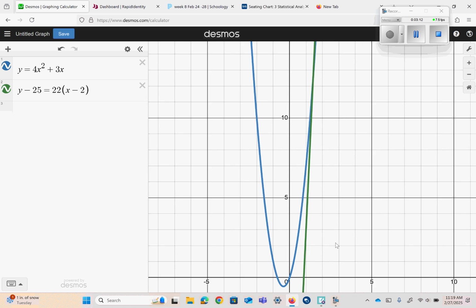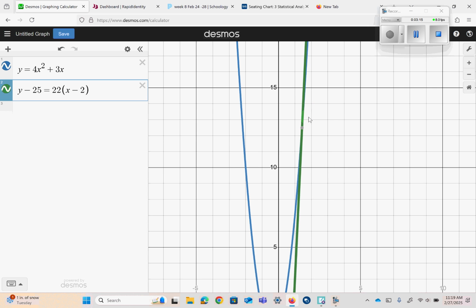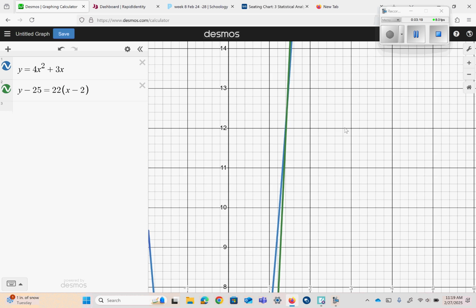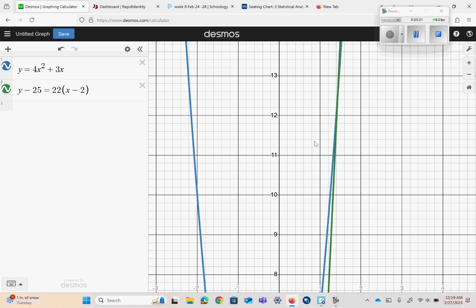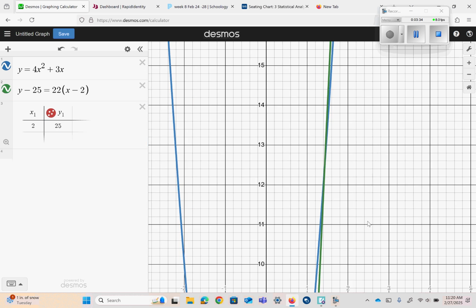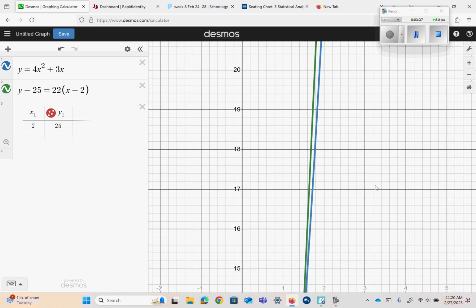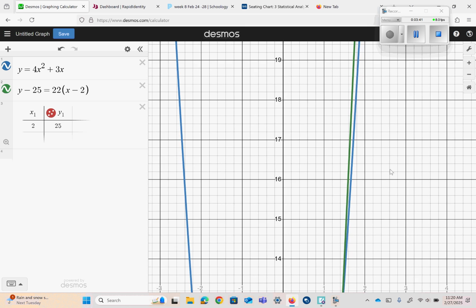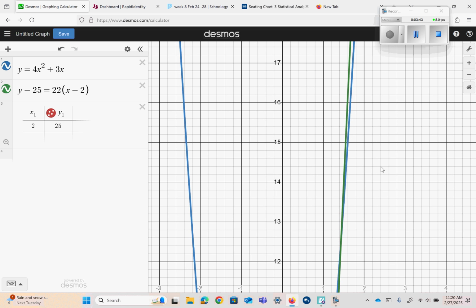Okay, so this point of tangency, nope, that's not it. So let's find this point. Table. Find the point 2 comma 25, which is up here. 2 comma 25.